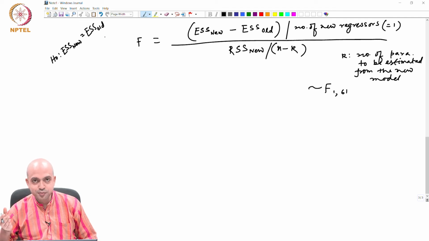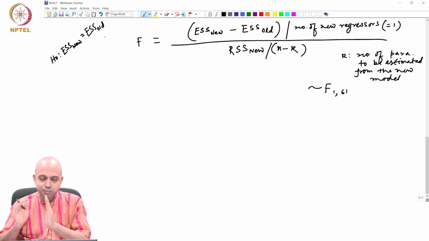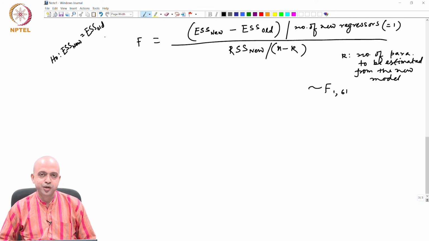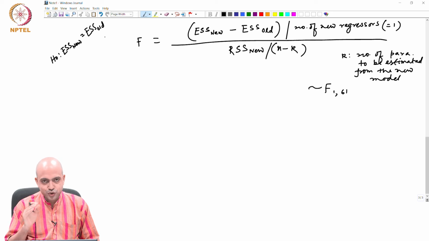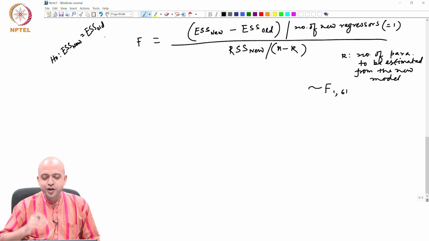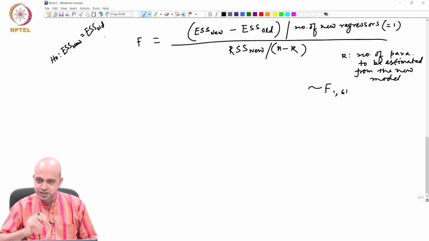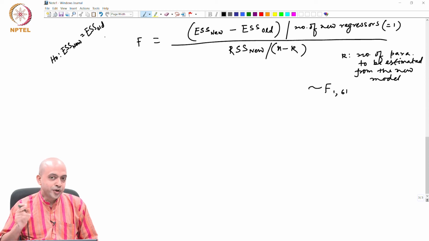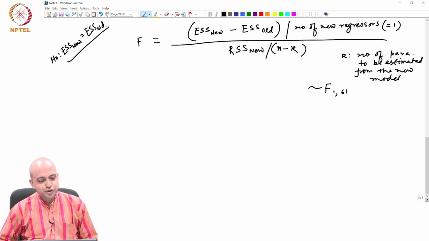Why are we trying to add PGNP? Because we hypothesize that PGNP brings significant explanatory power to the model. If that is your claim, you are saying the new explanatory power, ESS new, is significantly higher than the old explanatory power, ESS old. If you nullify that claim, ESS new should equal ESS old. That is my null hypothesis.